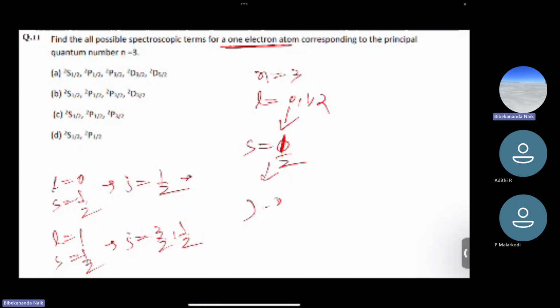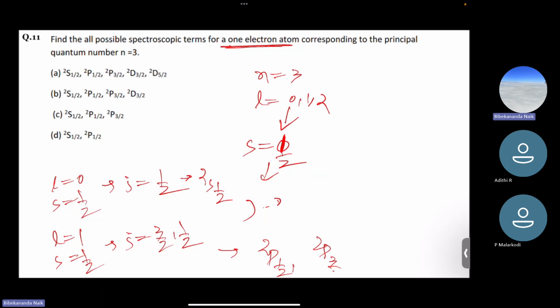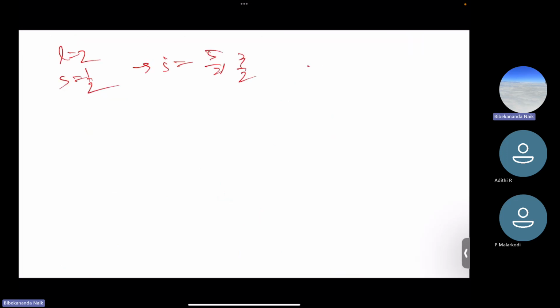So here the spectroscopic term will be 2S half. Then here it will be 2P half and 2P 3 by 2, because here L equal to 1. L equal to 1 means it's P, L equal to 0 means it's S. And for L equal to 2, it is D, so we will have 2D 3 by 2 and 2D 5 by 2.